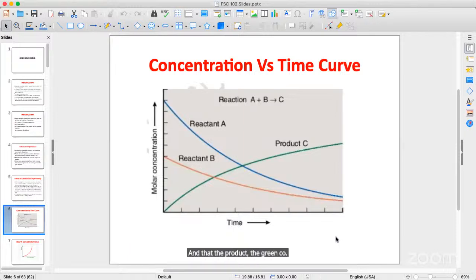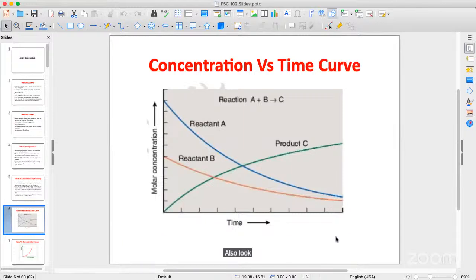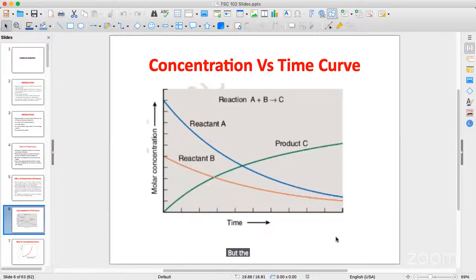When you start your reaction, look at where reactant A is starting from at time 0. Also look at where reactant B is starting from. Not the same concentration, but they don't have to be the same concentration anyway. The most important thing you need to see here is that the concentration decreases in the course of the reaction.